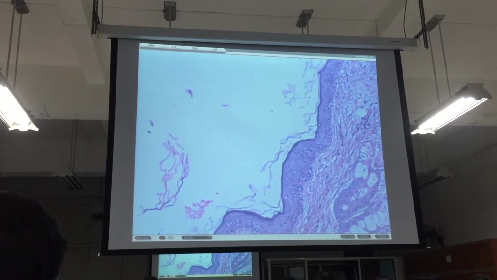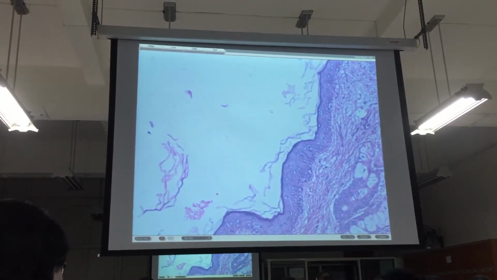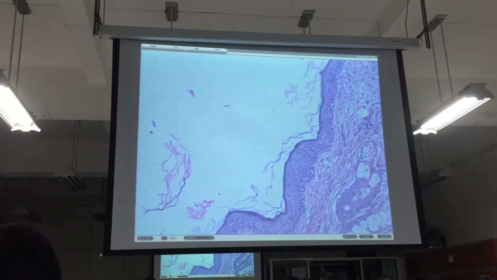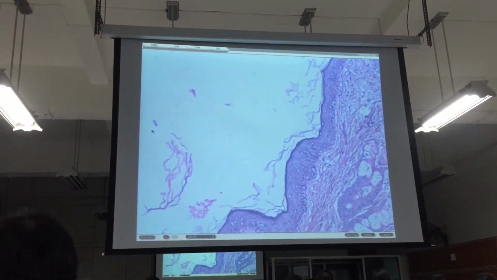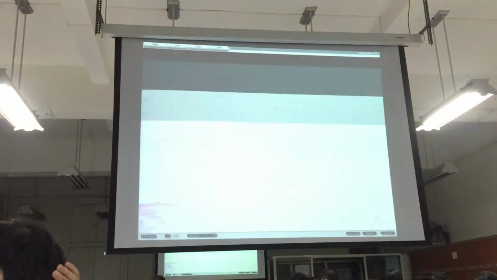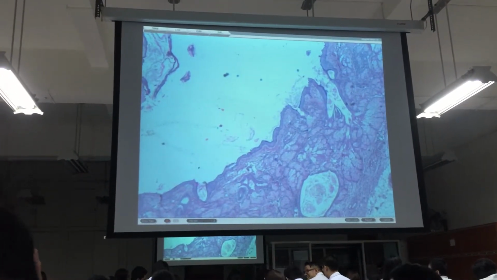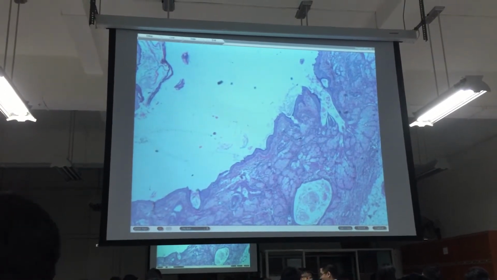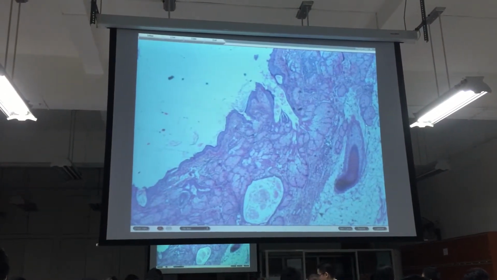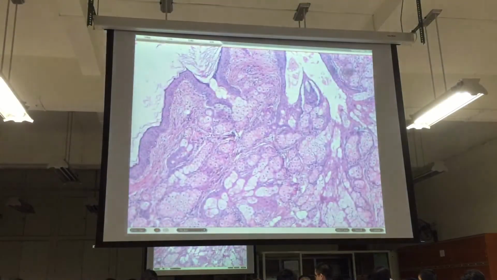Right? Stratified squamous. Is it normal in the ovary? No. Okay? At low magnification, see, this stratified squamous epithelium is accompanied by what structures are these? What structure is it?